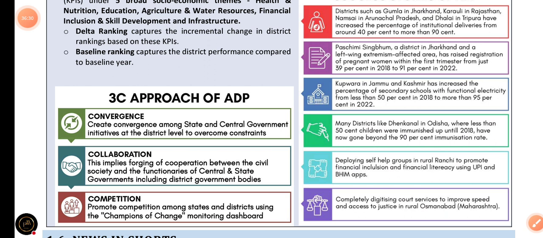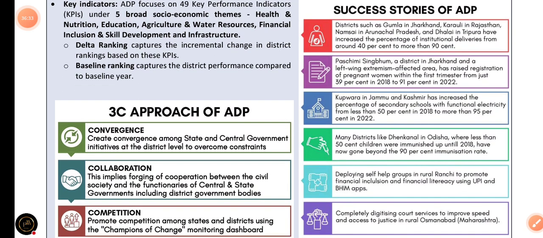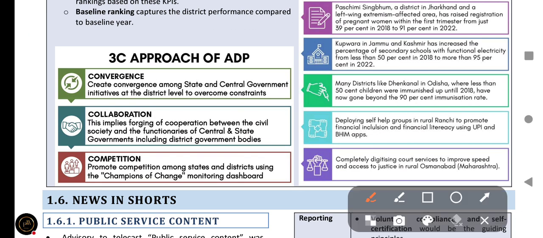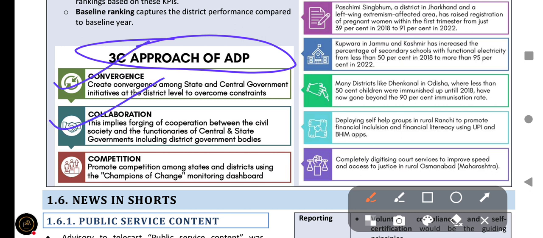This is the aspirational district program and aspirational block programs success stories. Okay, so here you can remember the 3 C's approach of aspirational district program, that is convergence, collaboration and competition. You can remember for mains perspective, that is convergence, collaboration, competition.